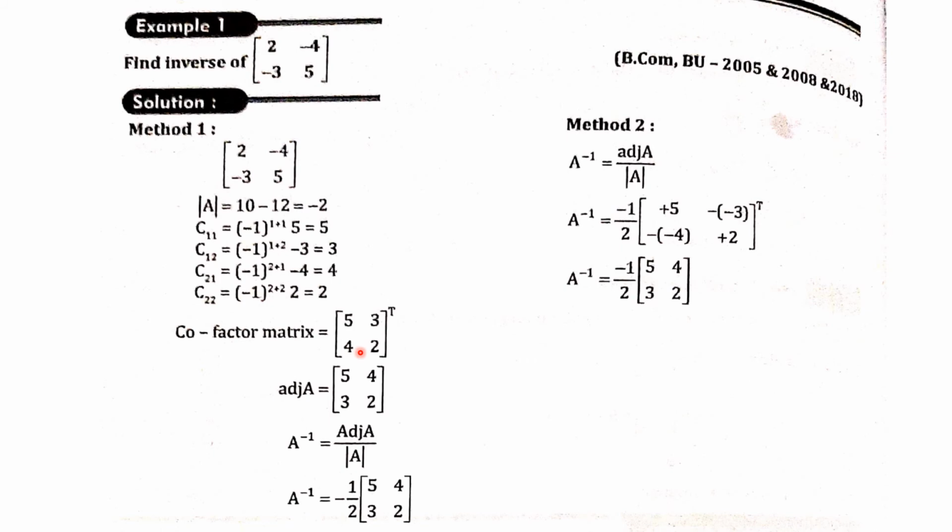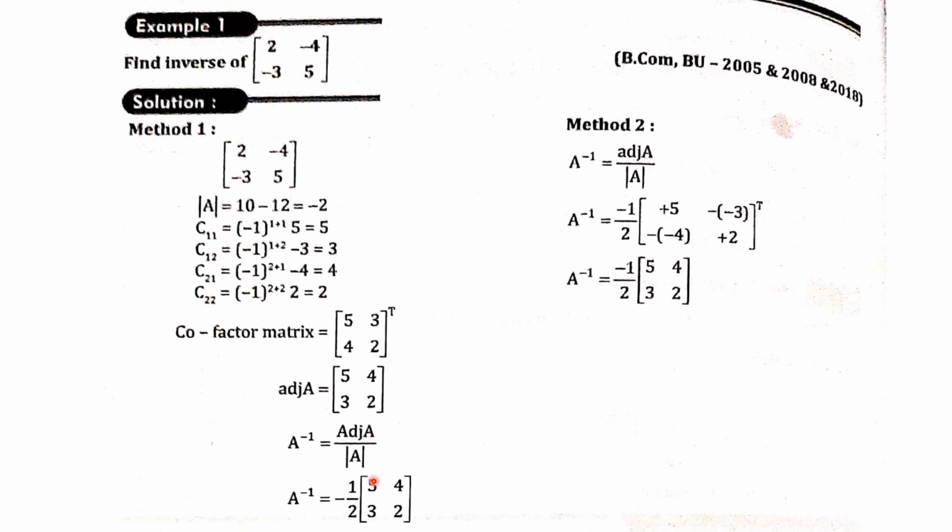Now you have to do the transpose. Why do you do the transpose? For adjoint A, you should interchange 3 and 4, so the method is the same. To find the inverse, inverse is nothing but adjoint A divided by determinant A. The adjoint A value is 5, 4, 3, 2, and the determinant value is minus 2, which you found at the first. So this minus 2 has to be divided.